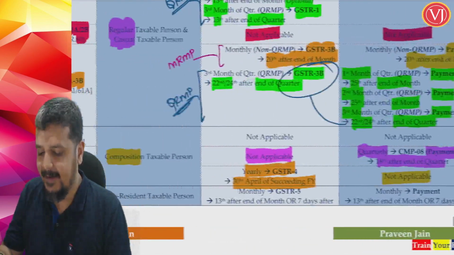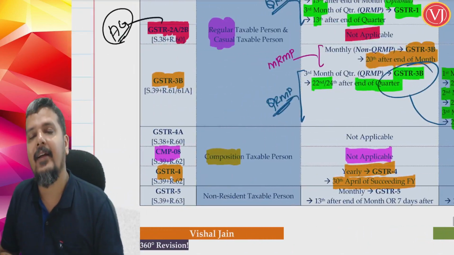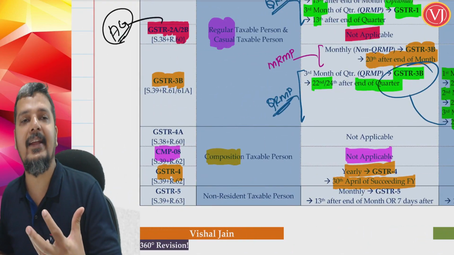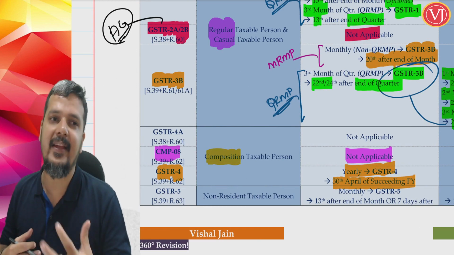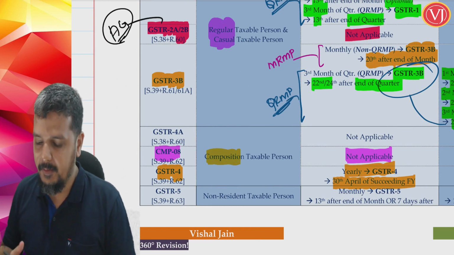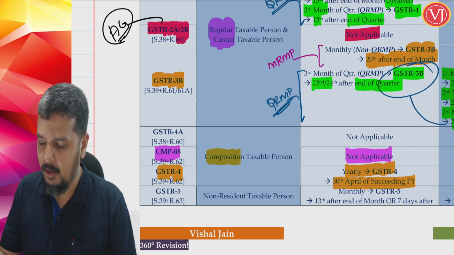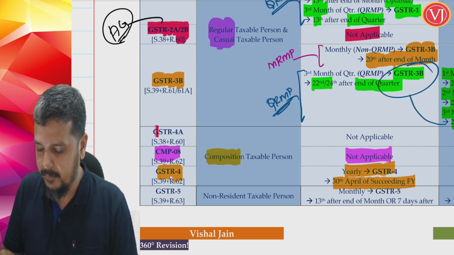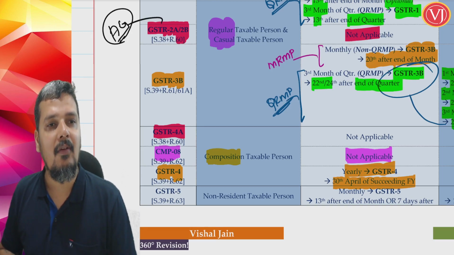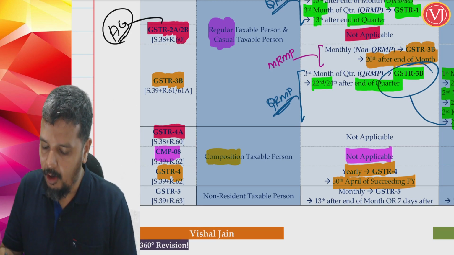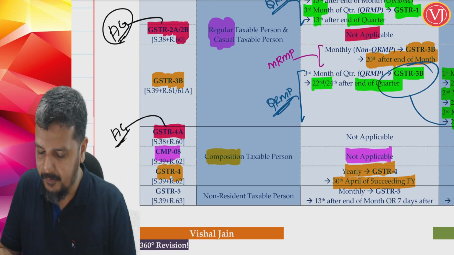Now, understand that just like regular taxable person and casual taxable person getting the details of the inward supplies in GSTR 2A, GSTR 2B, composition taxable person will also get the details of their inward supplies in GSTR 4A, which is again auto generated. They are not going to file it.